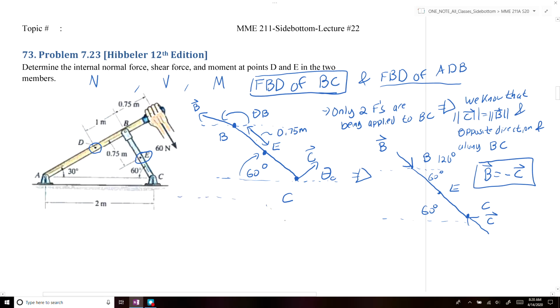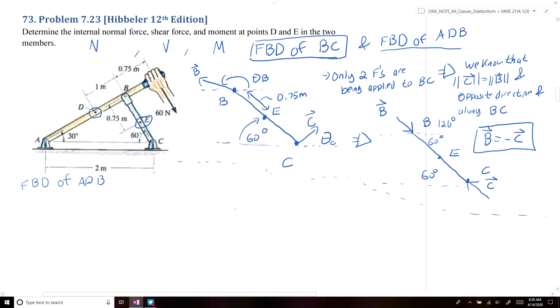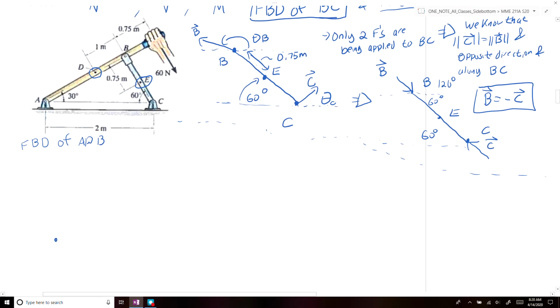So our next step here is we're going to draw the free body diagram of ADB. Right, so we know that member ADB is at a 30-degree angle relative to the horizontal.